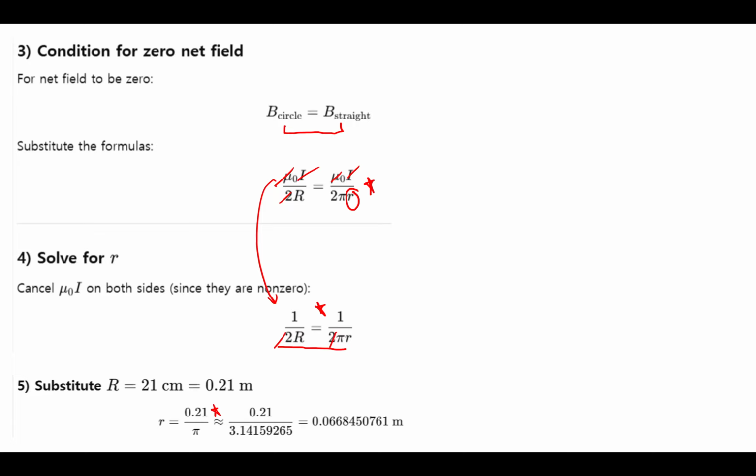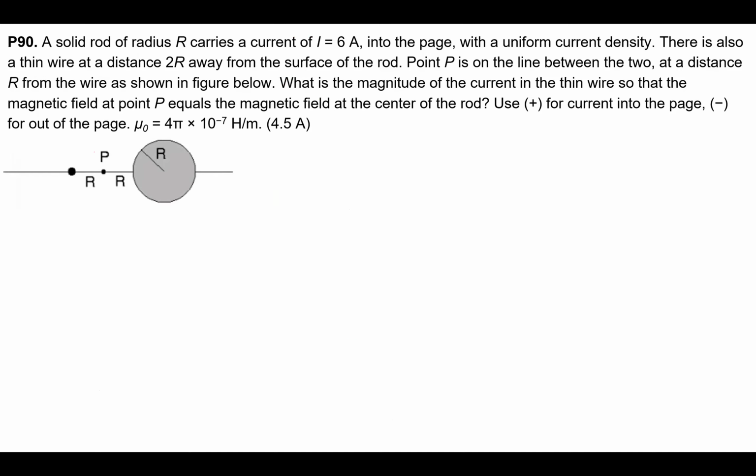So this problem is a typical problem of, for a given current source, what is the magnetic field? Okay, that is the typical question in these problems. Now, once again, another problem comes in. A solid rod of radius r carries a current of I equal to 6 ampere.